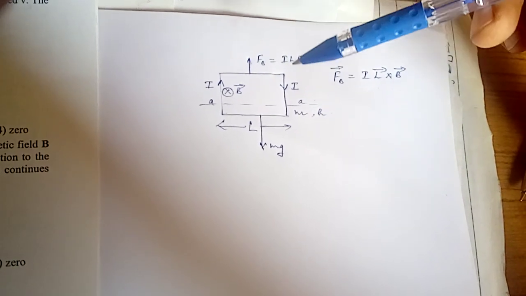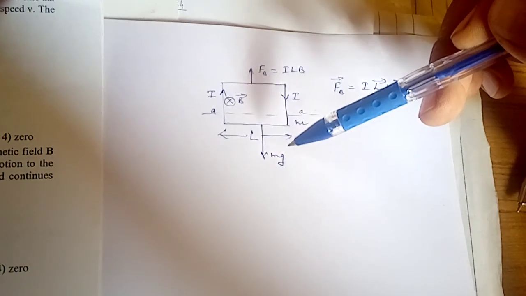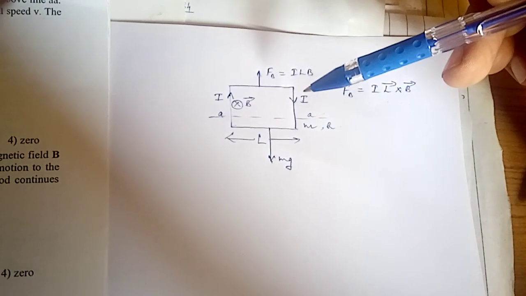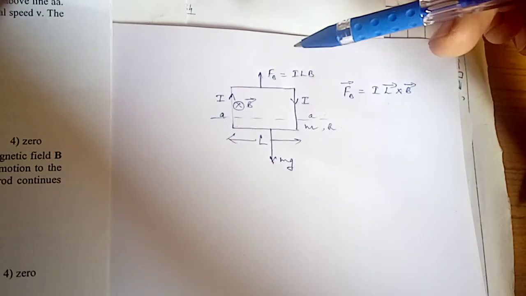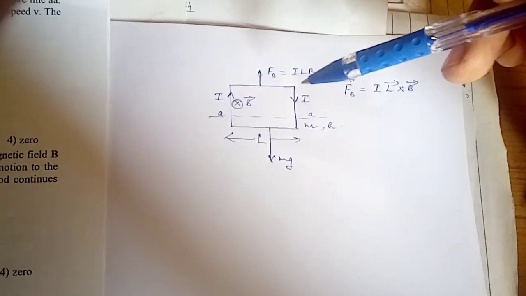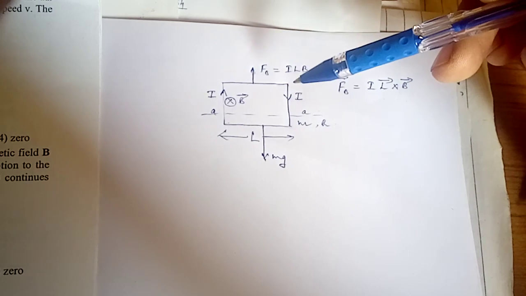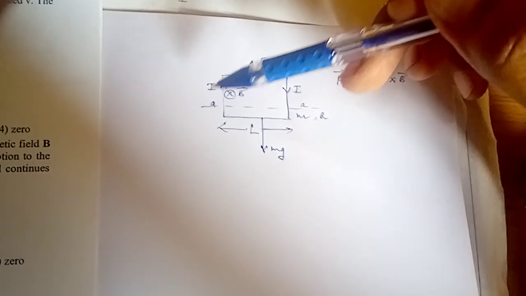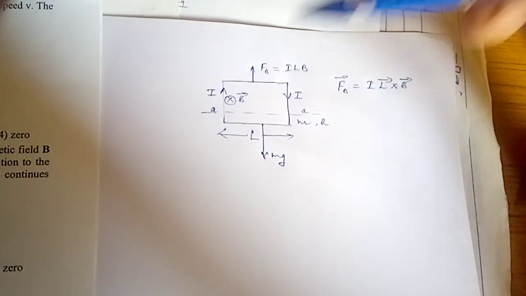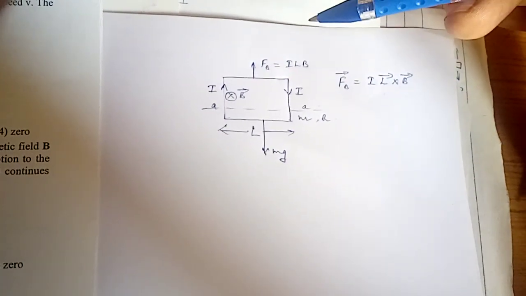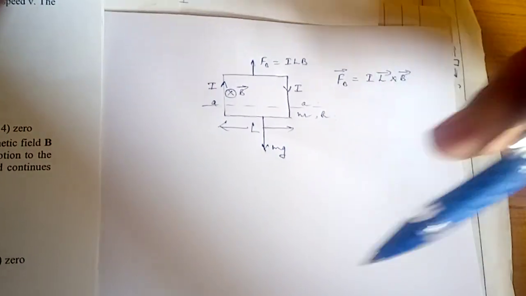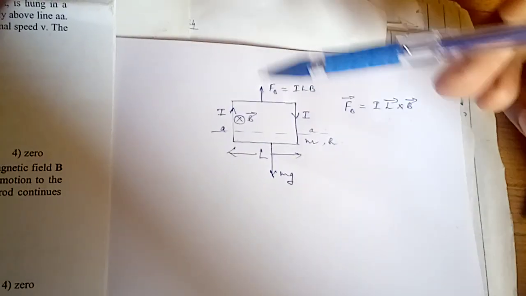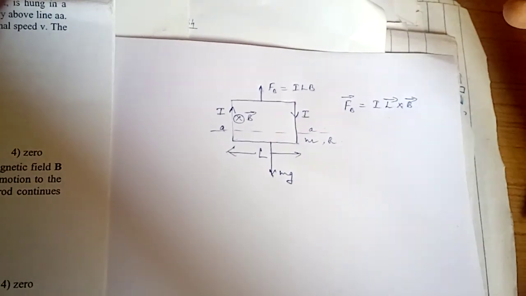Because of this increase in velocity, I further increases and hence F_B also increases. A stage is reached when mg and F_B are equal in magnitude but opposite in direction. At that instant, the net force on the loop becomes zero and its acceleration becomes zero. At that instant, the loop has reached its maximum velocity. After that, it continues to move with the same velocity because the net force on the loop is zero.